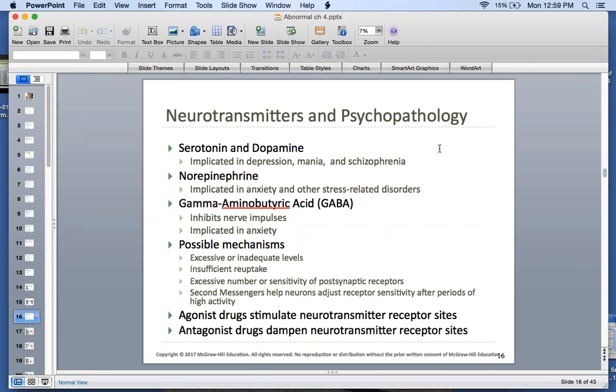We have things that are called agonist or antagonist drugs that either stimulate neurotransmitters or inhibit, that is, dampen neurotransmitter receptor sites. So again, the amount of complexity here is pretty great.